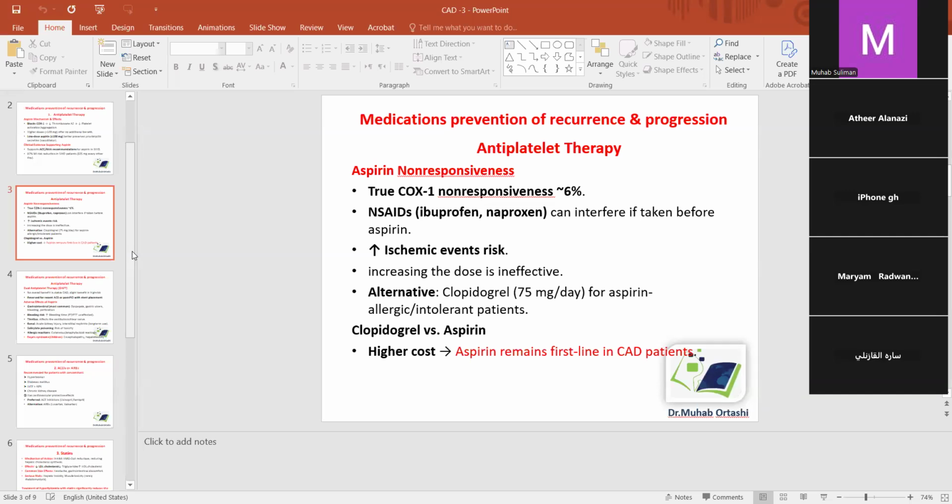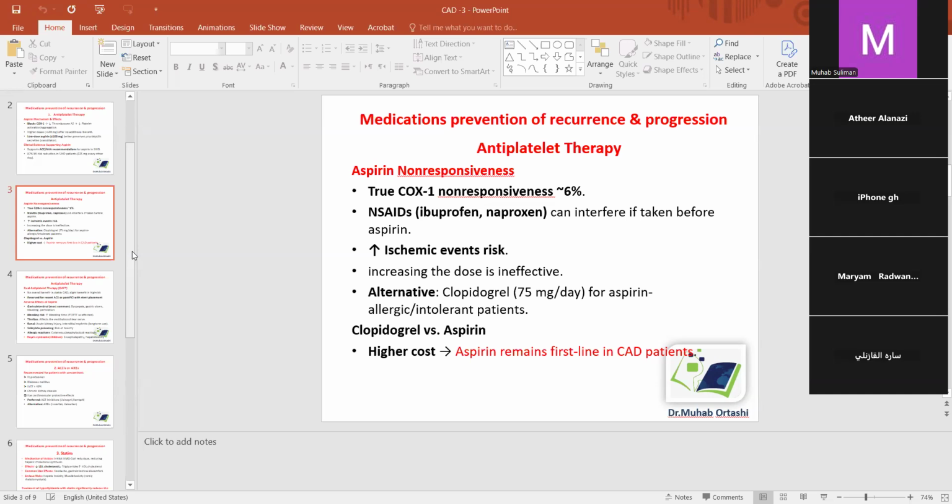The main alternative for this patient is a drug known as clopidogrel. Clopidogrel is an antiplatelet that blocks the ADP receptor, adenosine diphosphate receptor, which is important for برضه platelet aggregation, so it can be an alternative for aspirin.